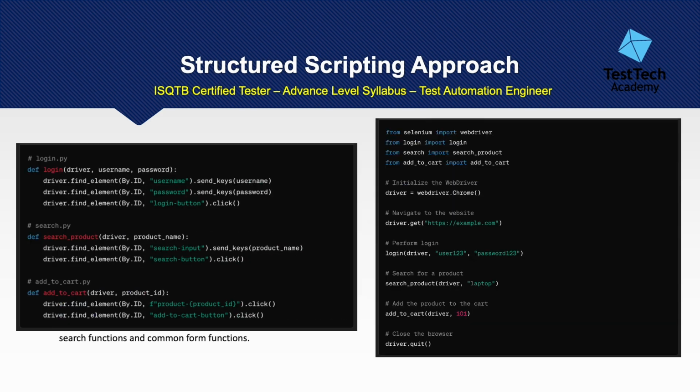The second one maybe is the search product script, a script that performs a product search, reusable in test cases where searching for a product is needed. Another one, a script that adds a product to the shopping cart, reusable in various test scenarios involving the cart functionality. These are just examples.